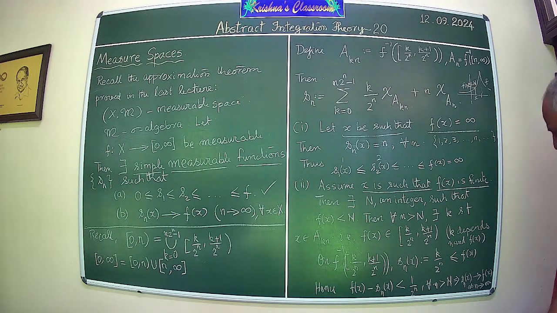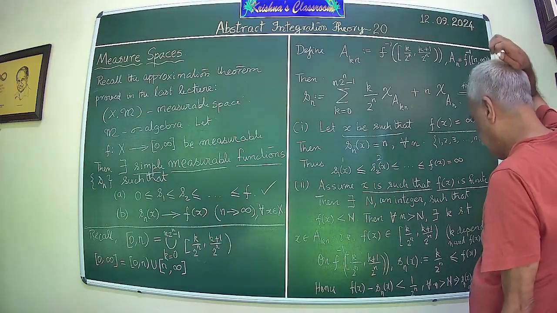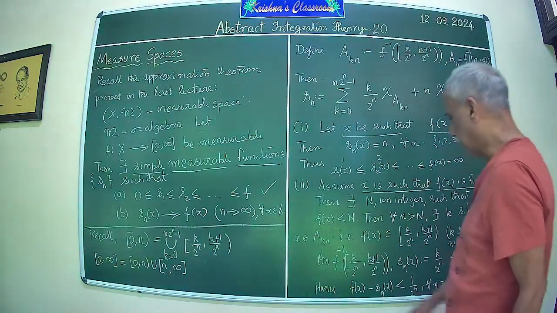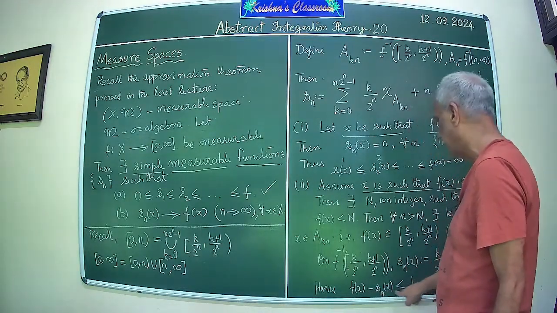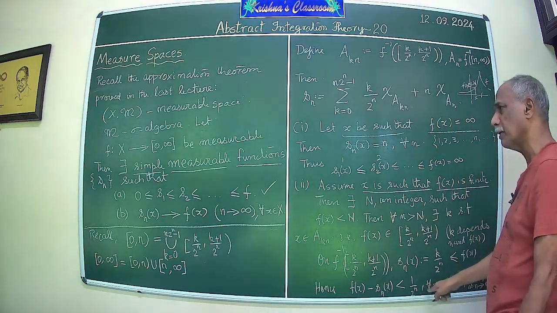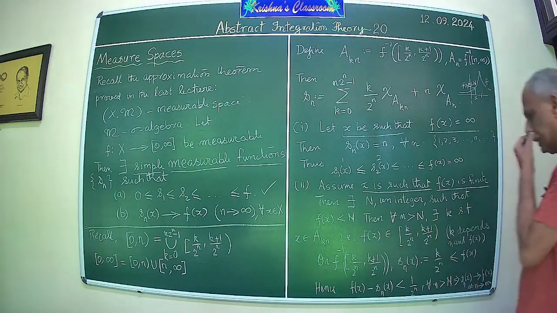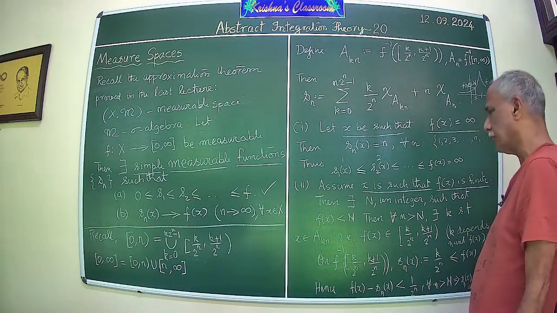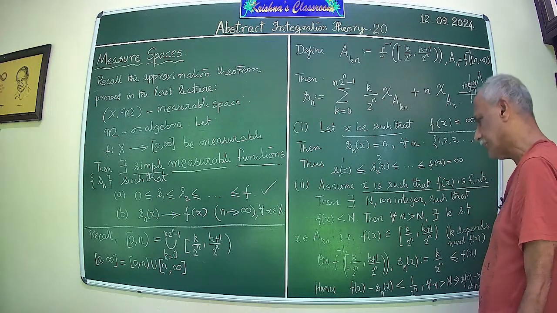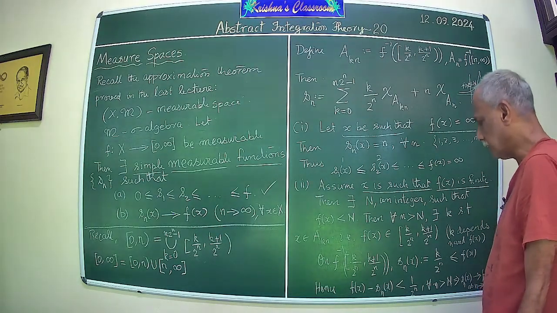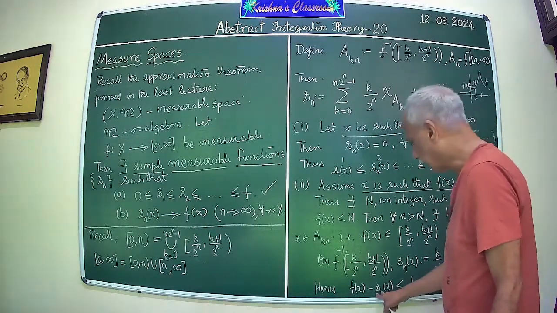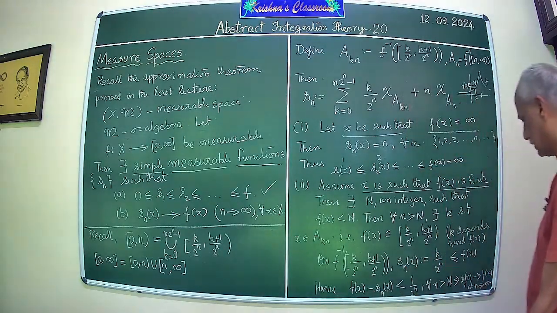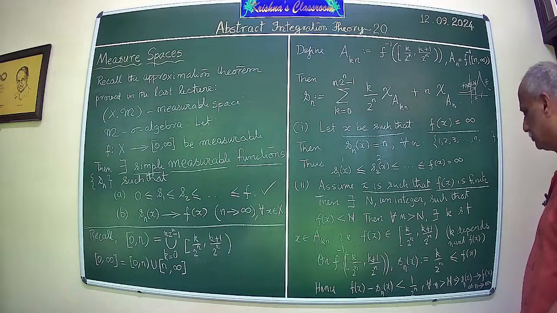What happens is this. Now, f(x) minus S_n(x) is less than 1 by 2 to the power n, and f(x) minus S_{n+1}(x) is less than 1 by 2 to the power n+1, and so on. Therefore, as n tends to infinity, this 1 by 2 to the power n goes to 0. And what does it mean? It means S_n(x) converges to f(x) as n tends to infinity.